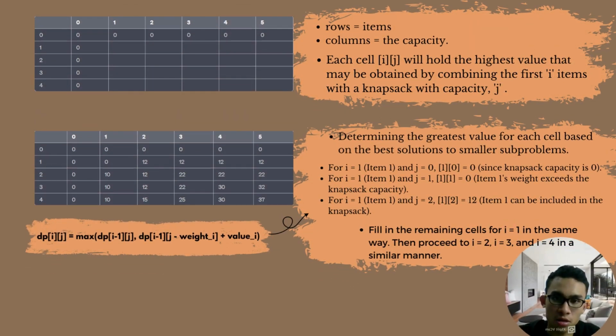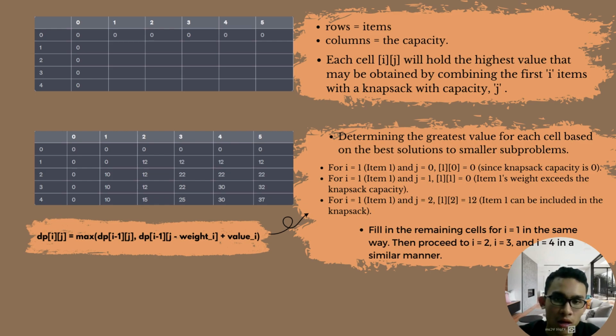So next, I want to show you how dynamic programming works exactly. The first step is creating a table that consists of rows and columns. The rows represent items, while the columns represent capacity.